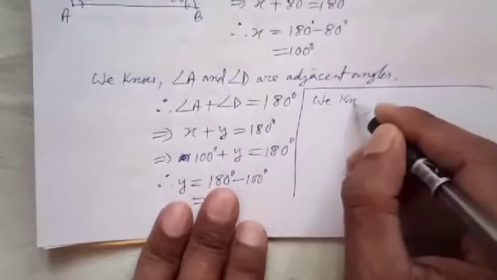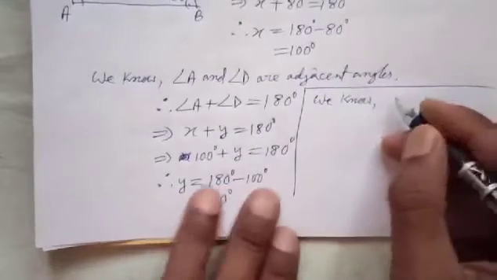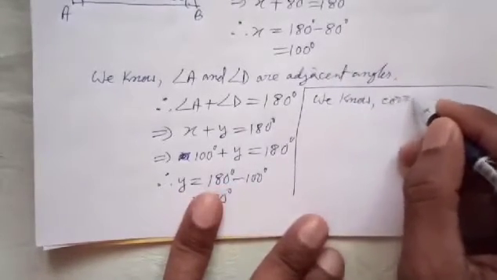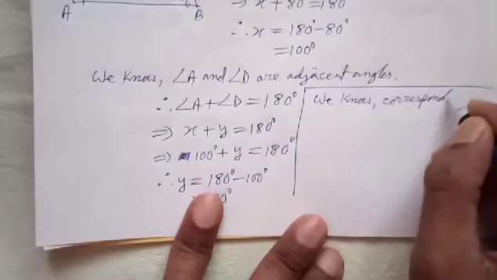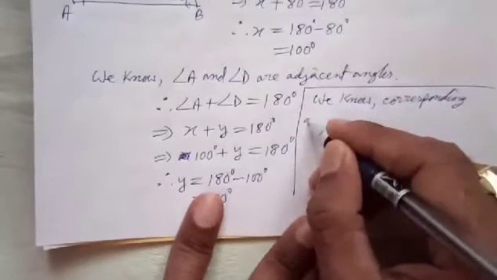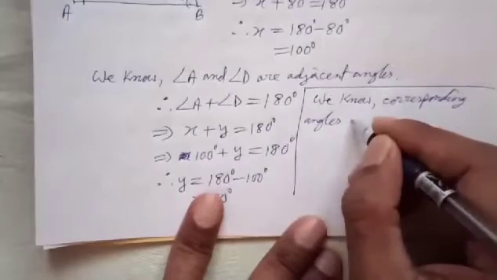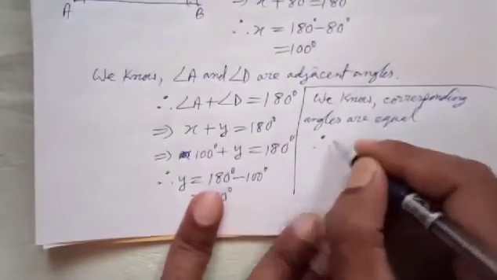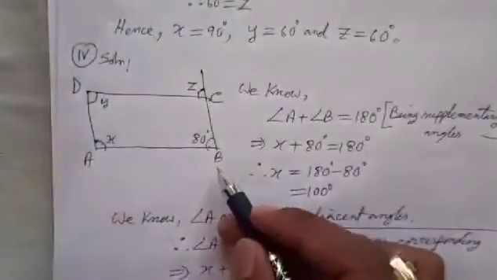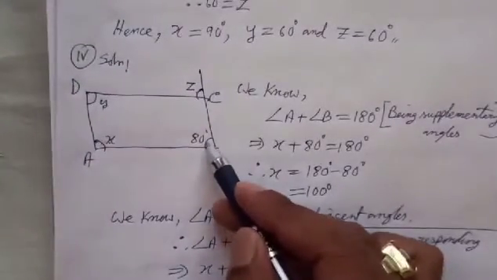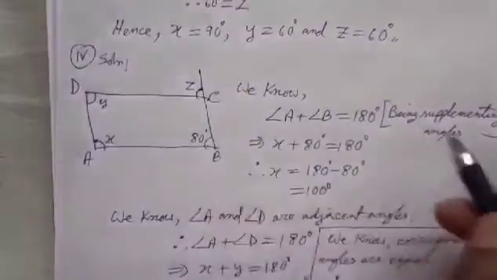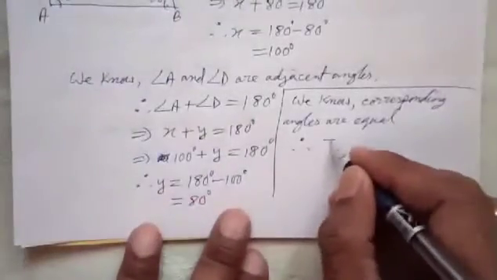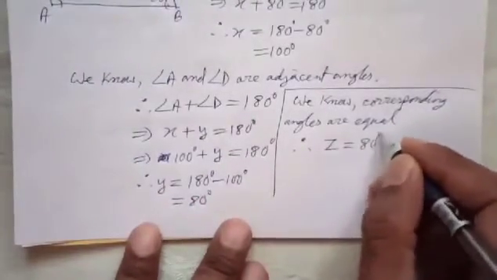We know corresponding angles are equal. Therefore, in the figure, we see that this 80 degrees and this z are corresponding angles, so z is 80 degrees.